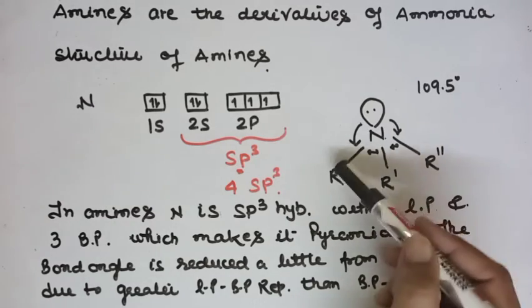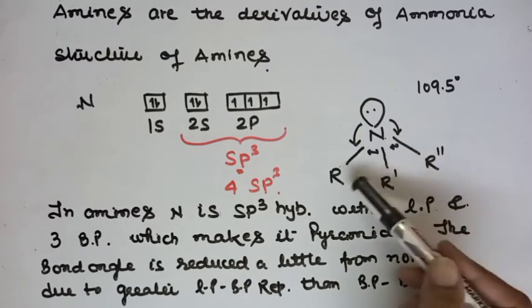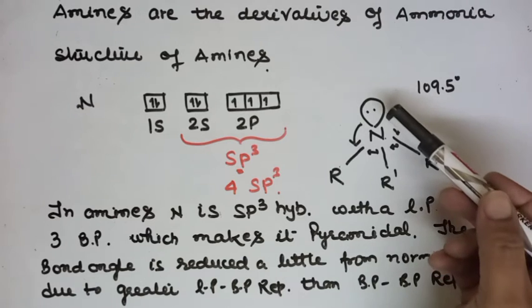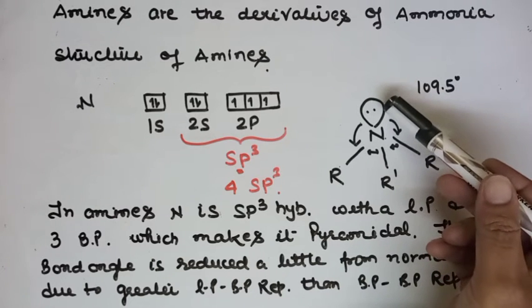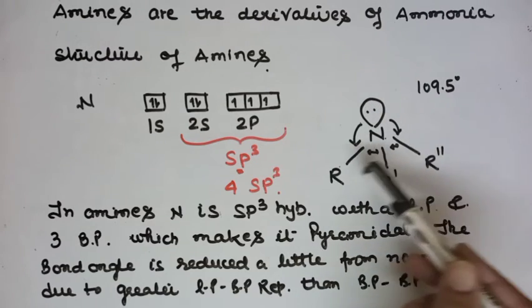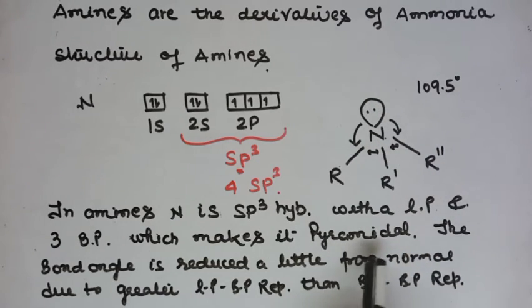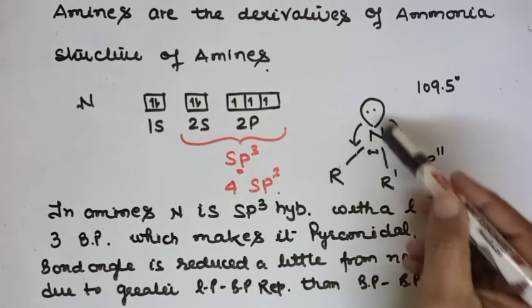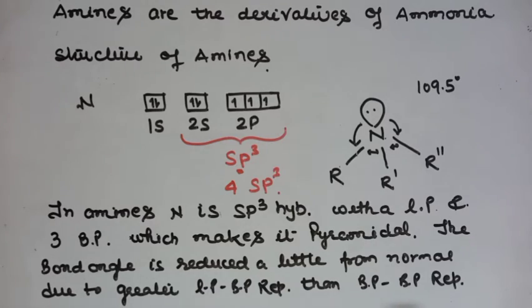Actually, these electron pairs form the tetrahedral structure, but as one of the positions is occupied by the lone pair, we don't consider this under the shape, and the remaining 3 bond pairs produce the pyramidal structure. The bond angle is thus reduced a little from the normal tetrahedral angle, which is due to greater lone pair bond pair repulsion than bond pair bond pair repulsion.